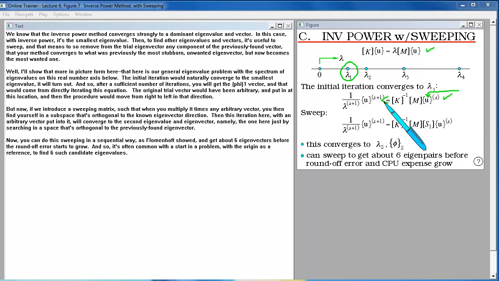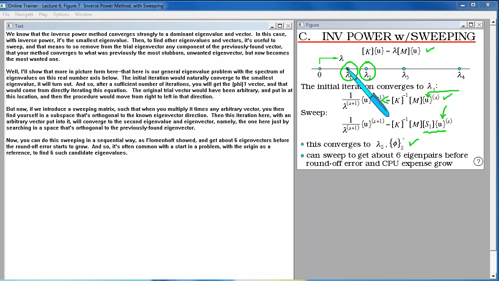But now, if we introduce a sweeping matrix such that when you multiply it times any arbitrary vector, you then find yourself in a subspace that's orthogonal to the known eigenvector direction, then this iteration here with an arbitrary vector put into it will converge to the second eigenvalue and eigenvector, namely the one here, just by searching in a space that's orthogonal to the previously found eigenvector.